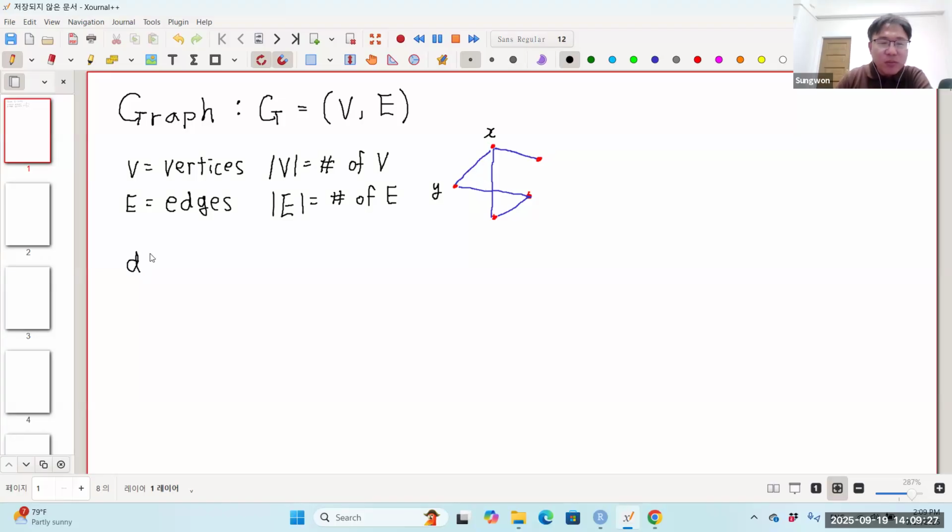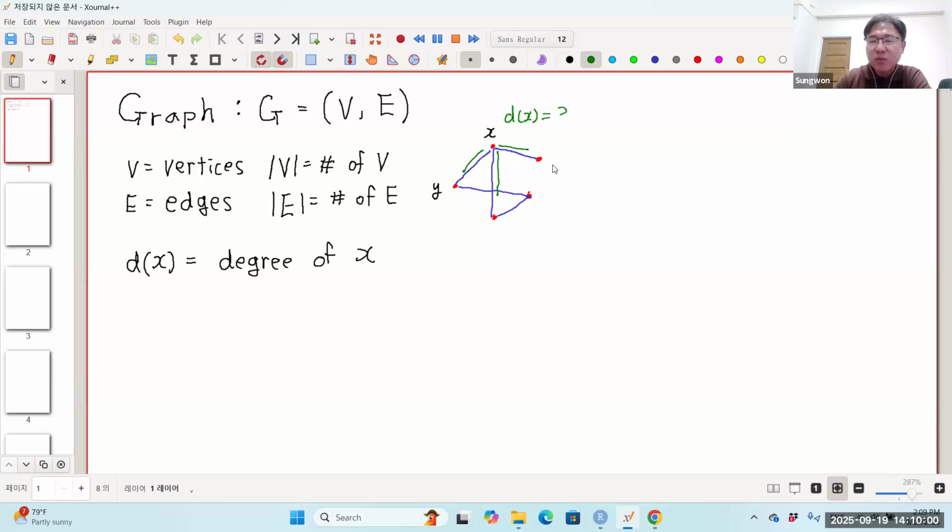And d(X) is called the degree of X. This is the number of edges coming out from the vertex X. So for example, here d(X), in this case, there are 3 edges, 1, 2, 3, right?